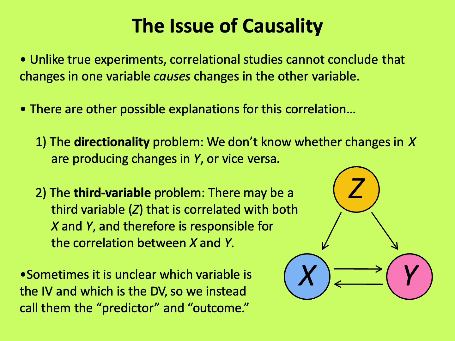So really the crux of the issue is that unlike experiments where we have an independent variable that's hypothesized to be exerting an influence on a dependent variable, and we have things like random assignment, and we have an experimental group and a control group, and we control for extraneous variables, and we take very careful steps to eliminate potential confounding variables.